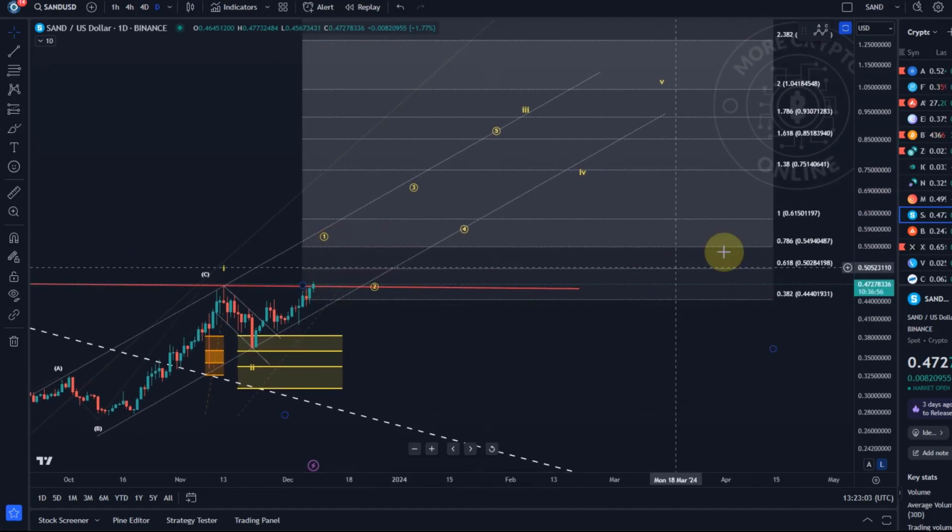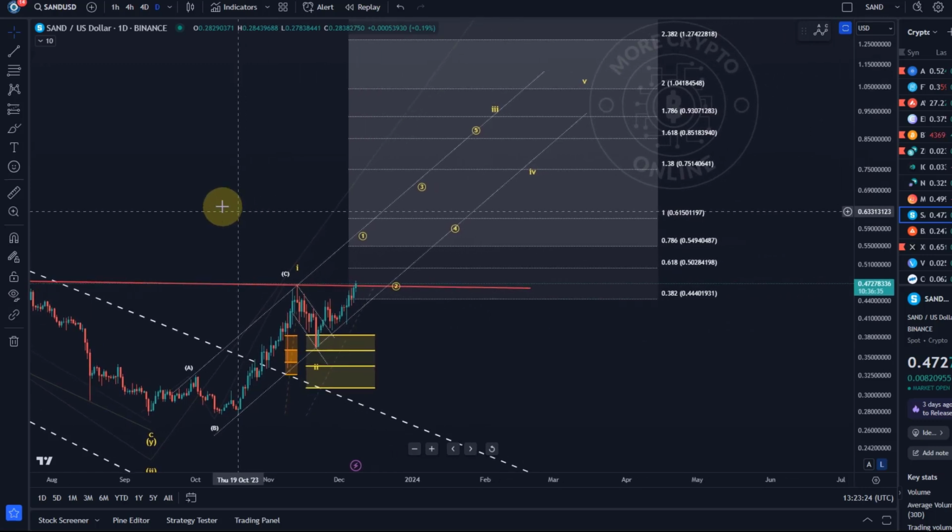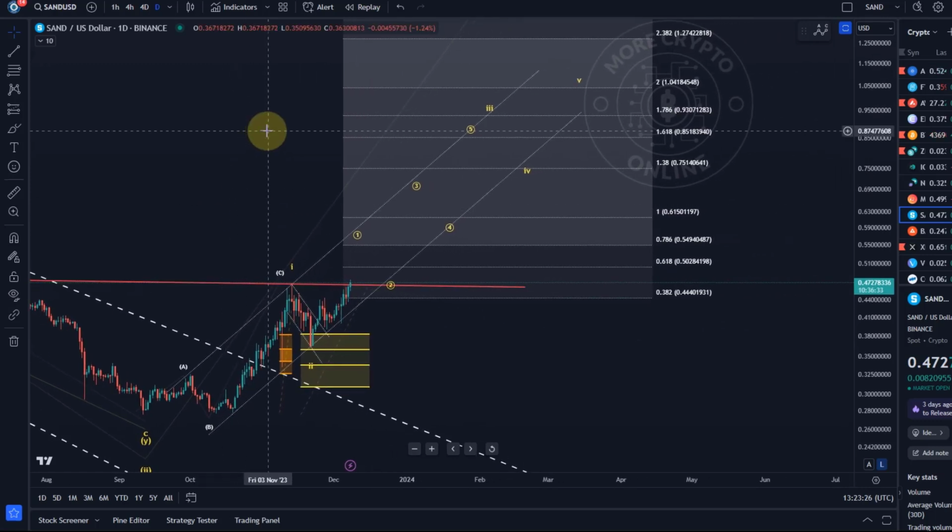If we see a break above 55 cents, then I would assume that something happens that also happened on the Rune chart, on the Solana chart, possibly now on the ADA chart, but that's way too early to say, and on the Matic chart, that we basically get this very aggressive extension higher. And that is something that Bitcoin might be doing right now. So it's that 78.6 extension.